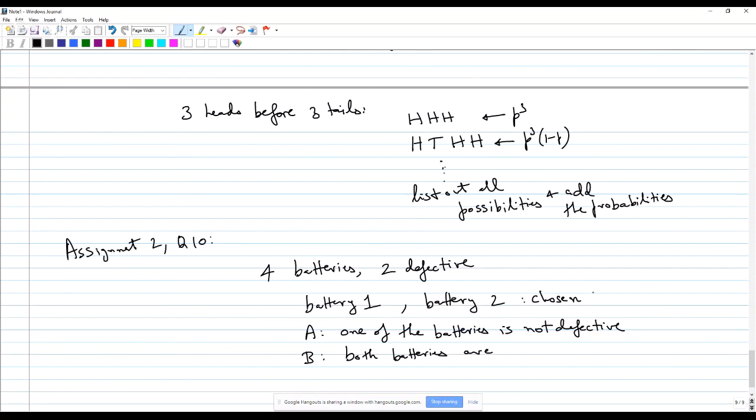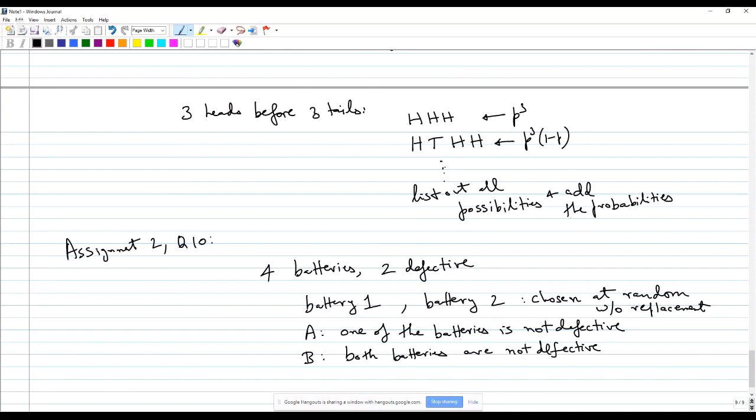Chosen at random without replacement, this is what is happening here. Both batteries are not defective. Any question that's given in English like this, I always find it convenient to write it in terms of sample spaces and events.